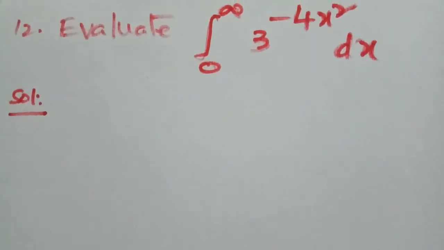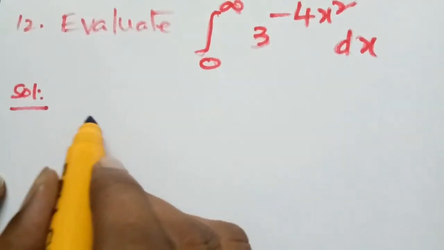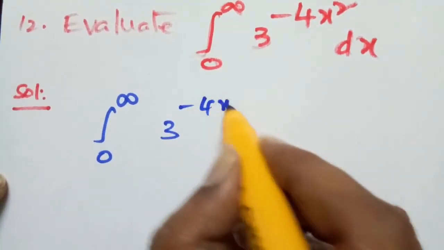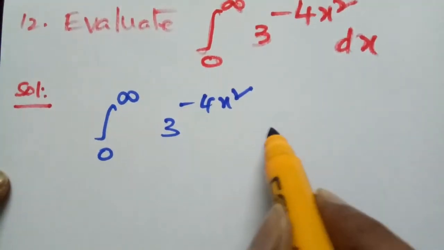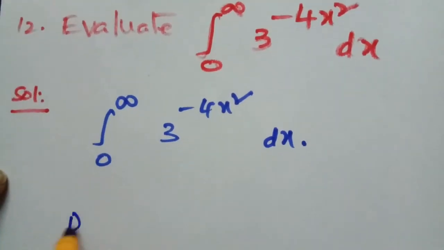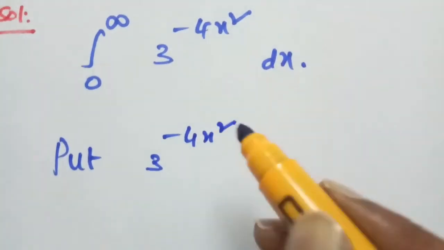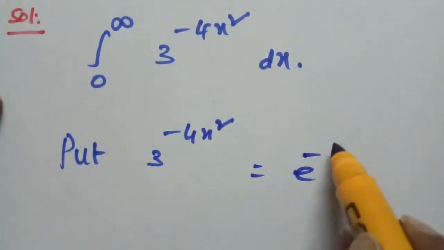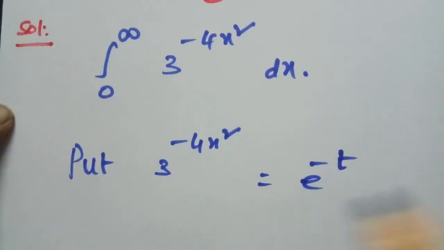Take the given integration. It is the integral from 0 to infinity of 3 to the power of minus 4x square dx. Integration by substitution. Put 3 to the power of minus 4x square equal to e to the power of minus t.